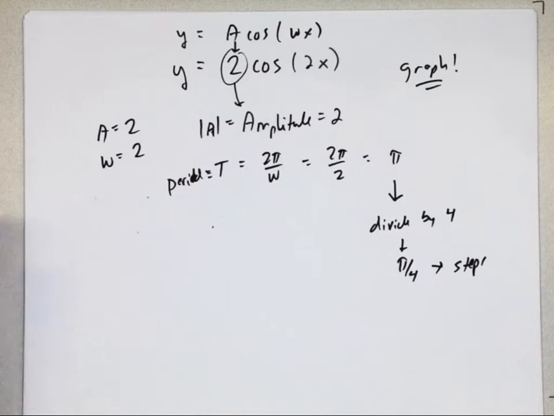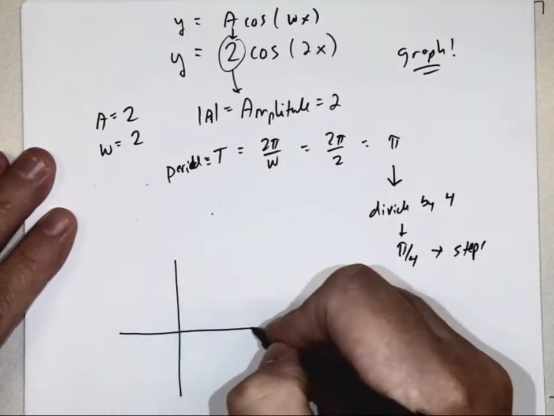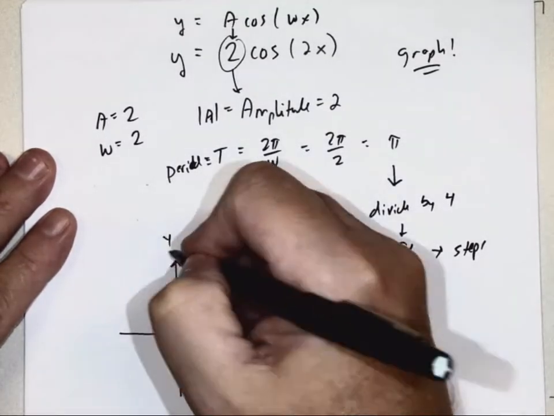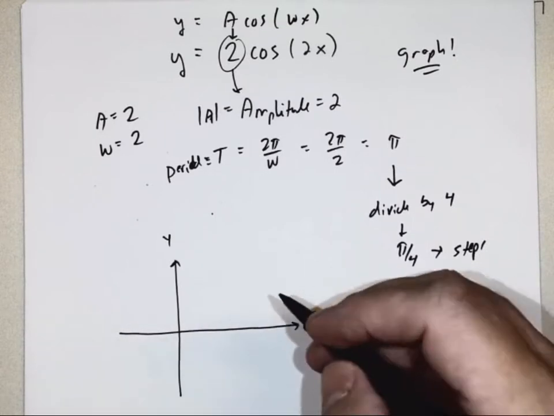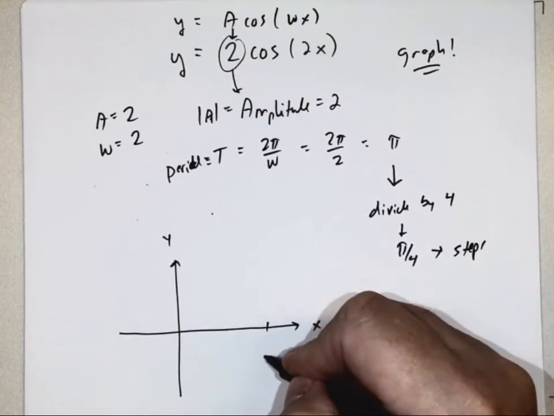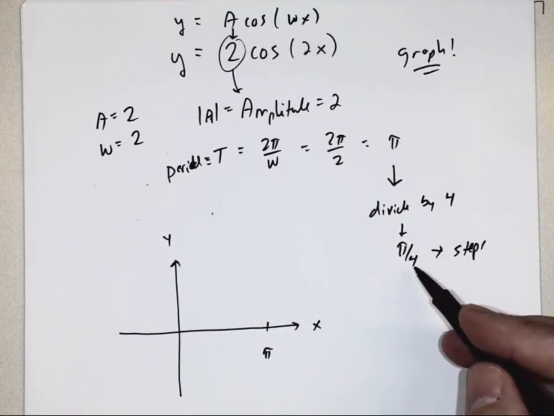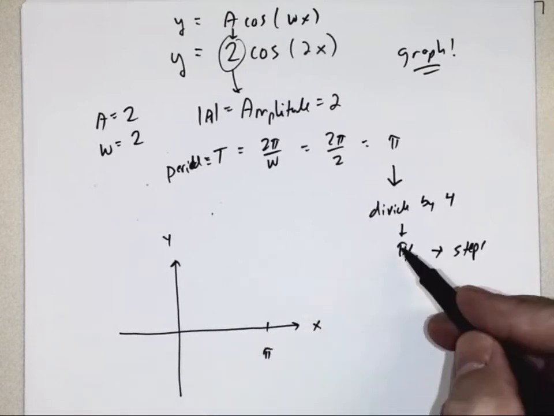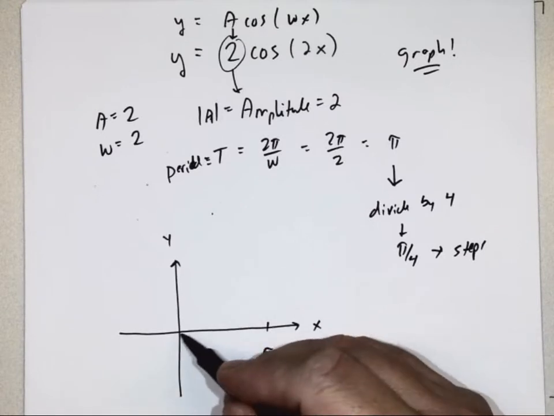Well, here, the period is going to be how far I'm going to make my graph. Now when I divide it by 4, this tells me the sizes of the pieces. In other words, pi over 4. Once I have a period, I always break it up into 4 equal parts.